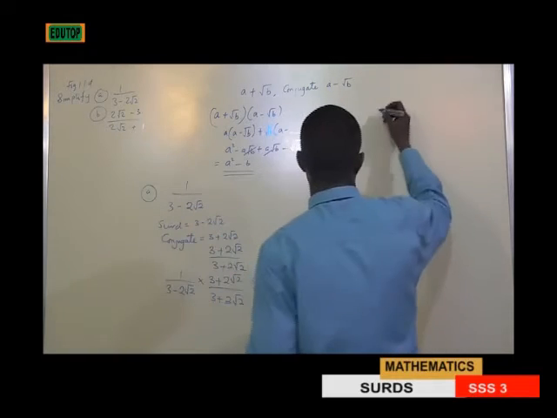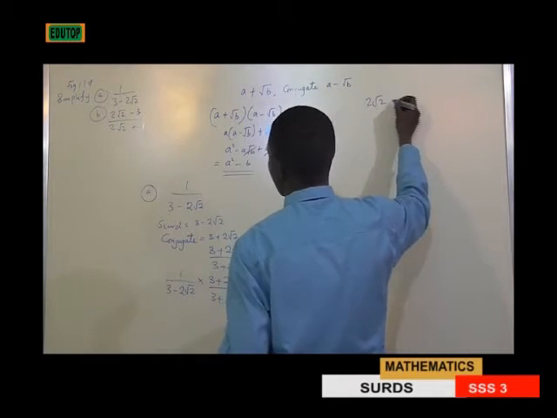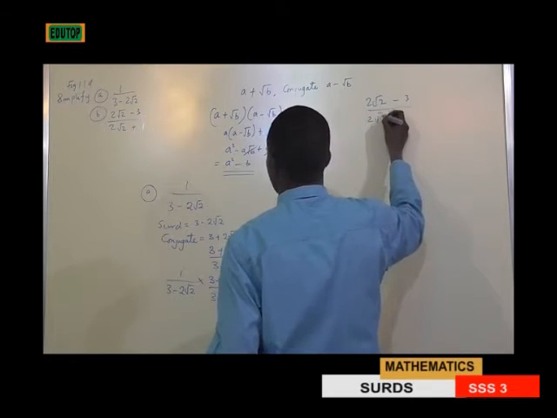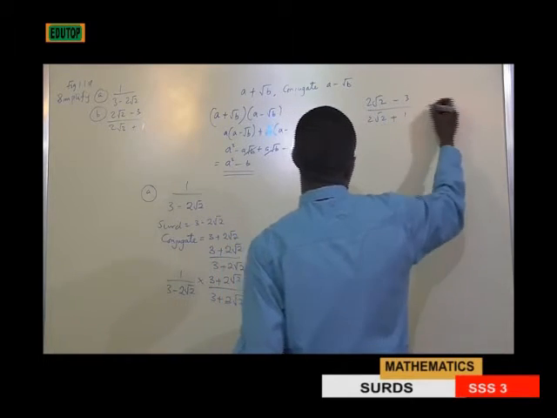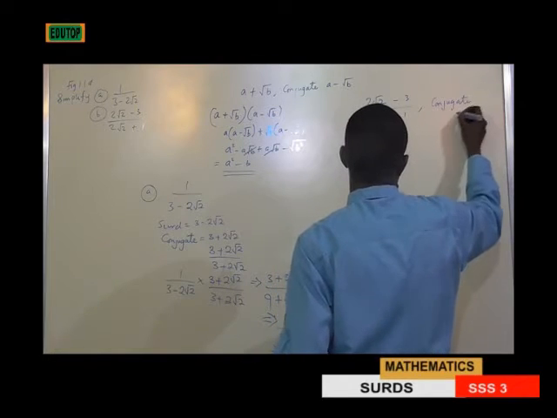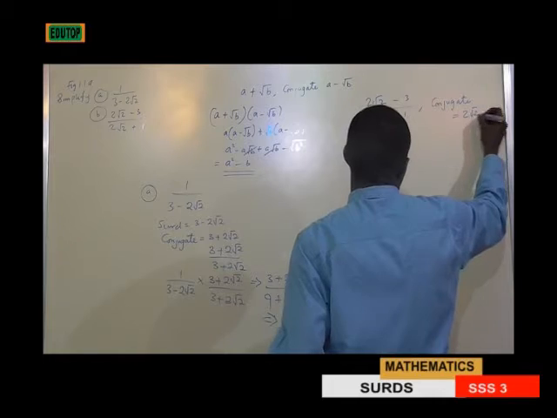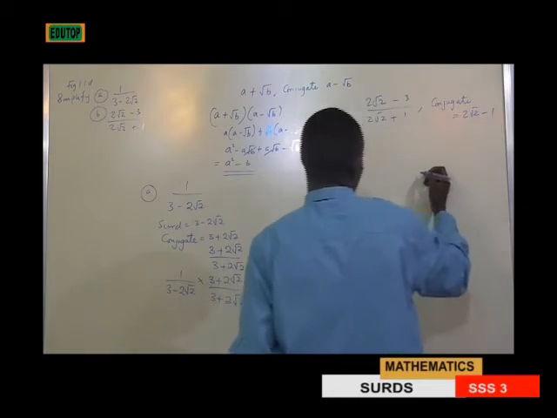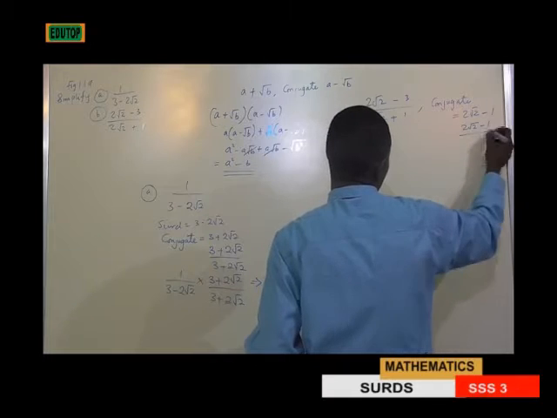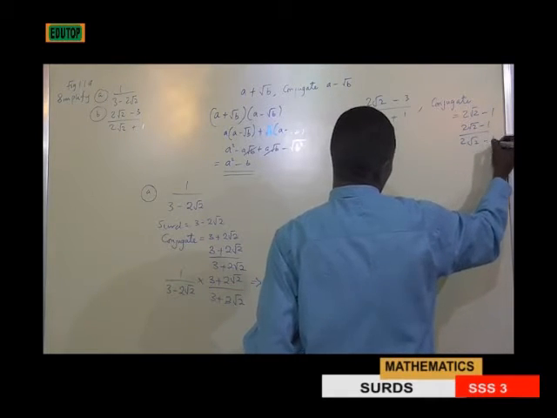Then in the second case, we have 2 root 2 minus 3 over 2 root 2 plus 1. The conjugate here will definitely be 2 root 2 minus 1. That's the conjugate. So we take the fraction of the conjugate, this is the fraction.